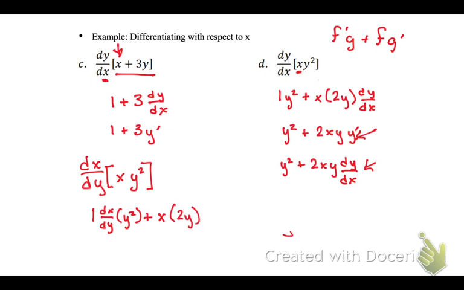So we would have x prime times y squared, sorry, because you have to put x first. Plus 2xy. Wait, we put the derivative on it when we do it? Yes, because that's what it means. What does it mean again? dy/dx means the derivative, the instantaneous rate of change, the slope function of the function.